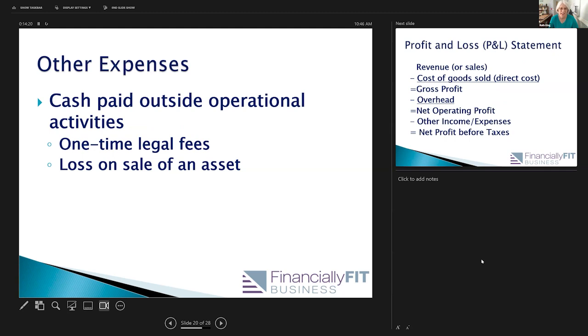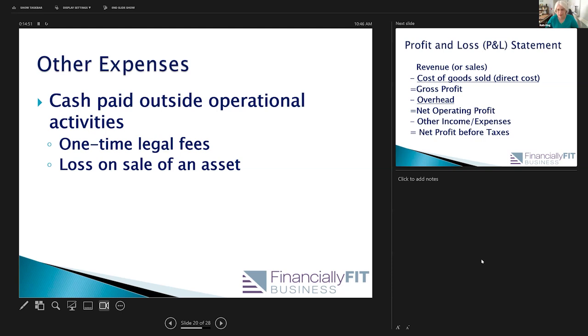So again, that is more of a CPA and an accounting issue. It doesn't happen all the time. It doesn't happen as you do your day-to-day business operations to generate revenue and profit. All right, these are other expenses that might happen. You may be negotiating to buy a business or a property for a business, that type of thing. And that's legal fees that you don't normally have. So they're outside expenses also.